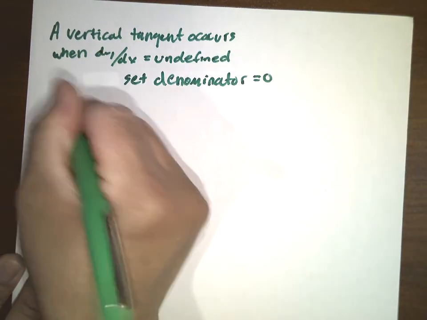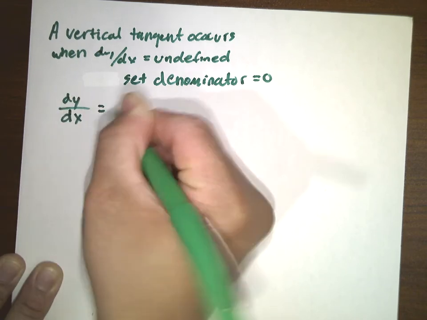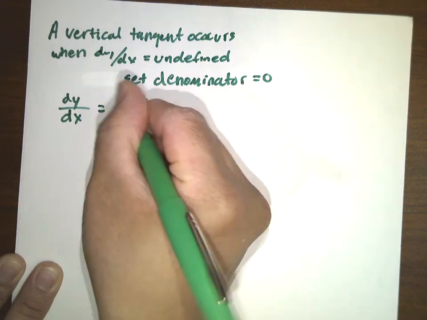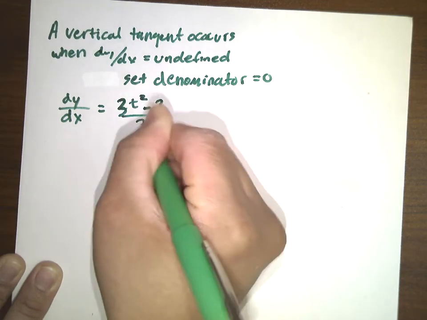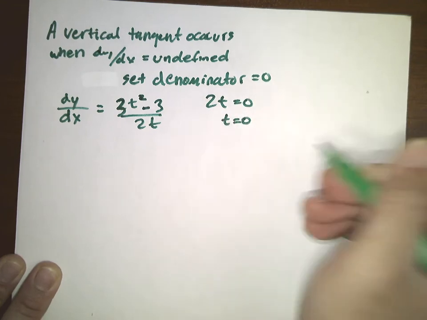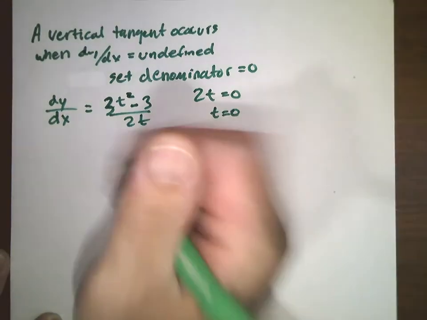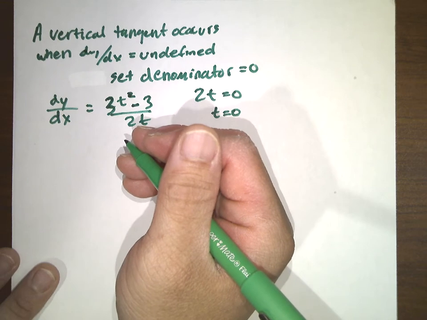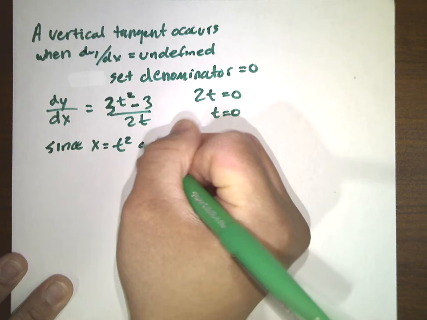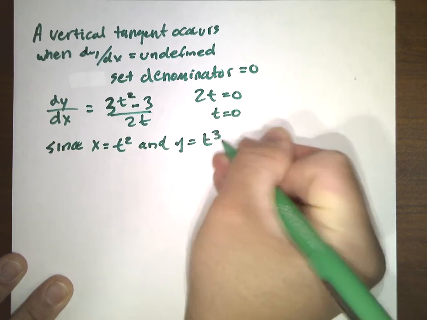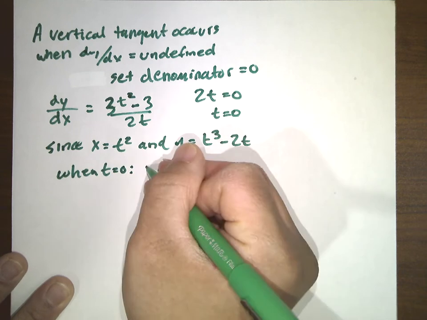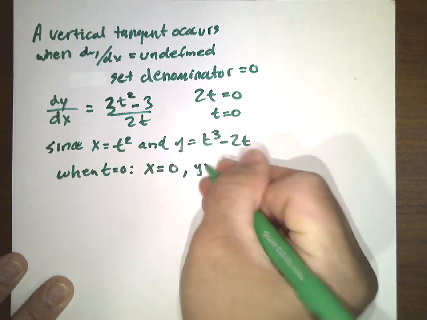So remember dy/dx was equal to (3t squared minus 3) over 2t. So then 2t will be 0, t will be 0. And at the point when t is equal to 0, since again x was t squared and y was t cubed minus 3t, when t is equal to 0, we have x is 0 and y is 0.